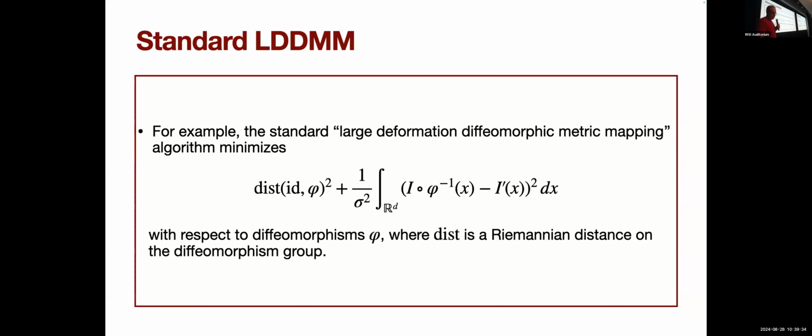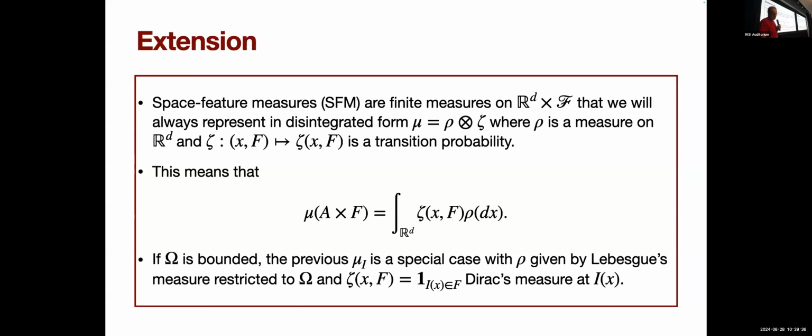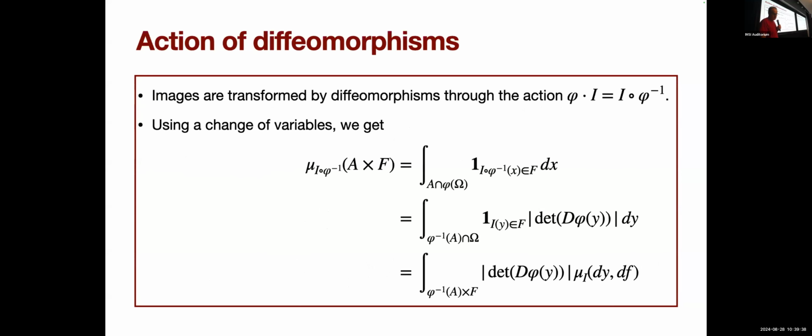We want to extend that to measures, so you can work on the definition of measures that are associated with images directly and make a simple change of variable in space, and you end up with the formula that is at the bottom here.